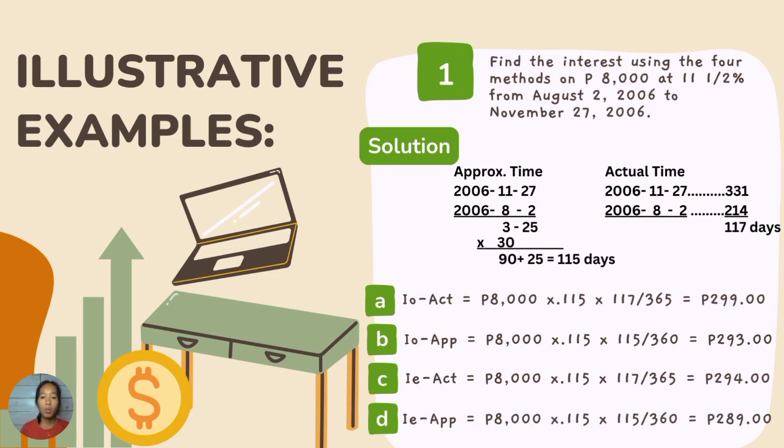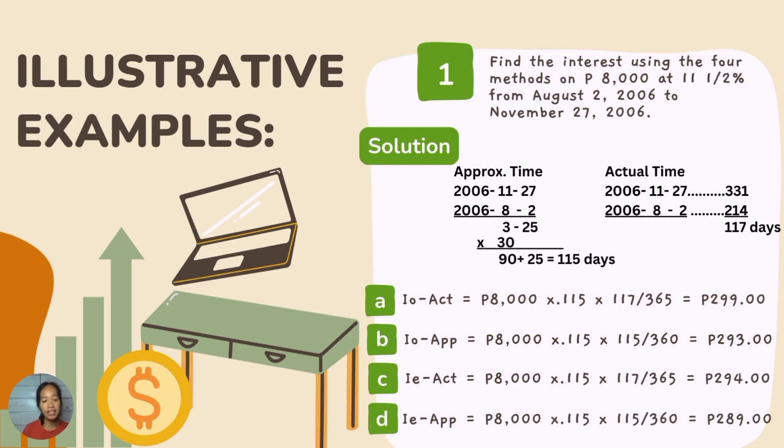So now we are going to proceed in solving the ordinary interest using actual time. The formula for this is principal times rate times time.